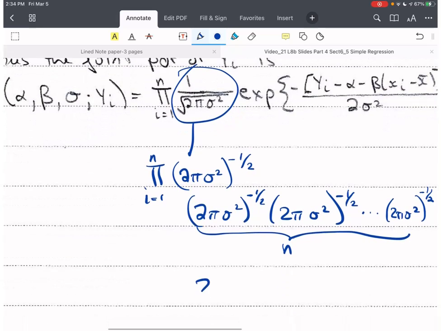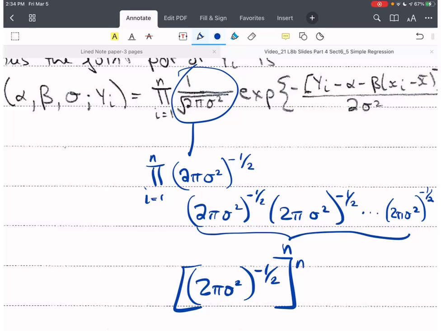So it's going to be 2 pi sigma squared to the negative 1/2 raised to the nth power. And when we raise an exponent to a power, we multiply the exponent. So we get 2 pi sigma squared to the negative n over 2. Okay? So I wanted you to know how I'm getting the next term.